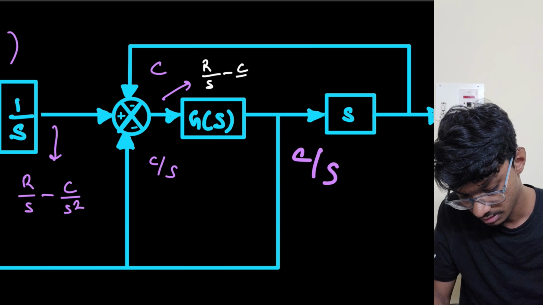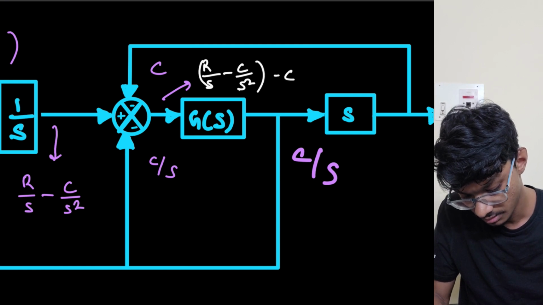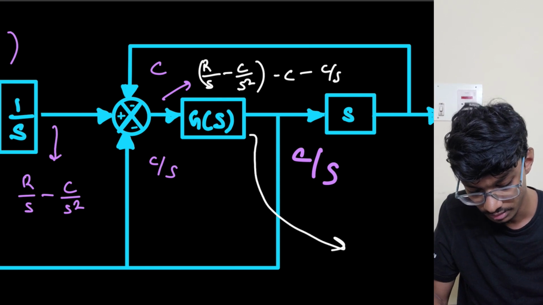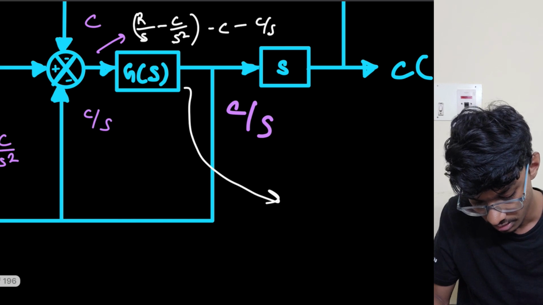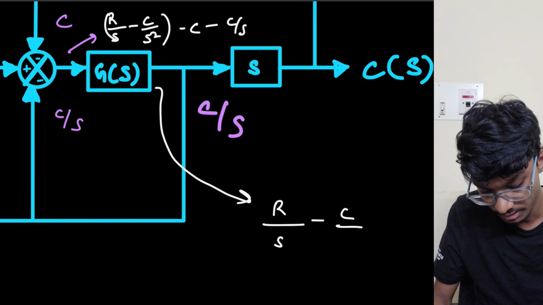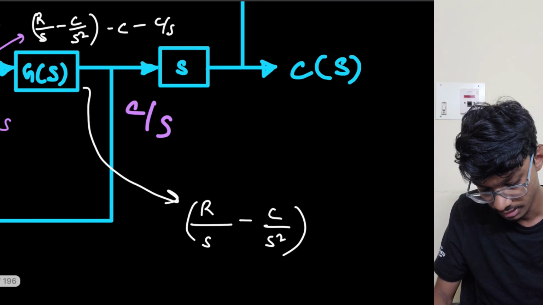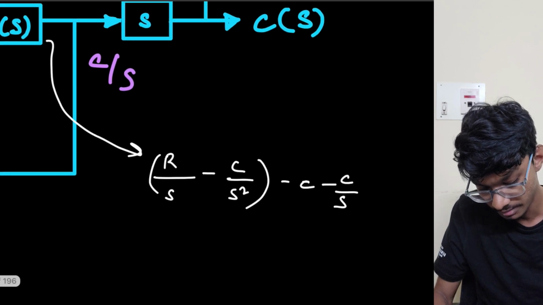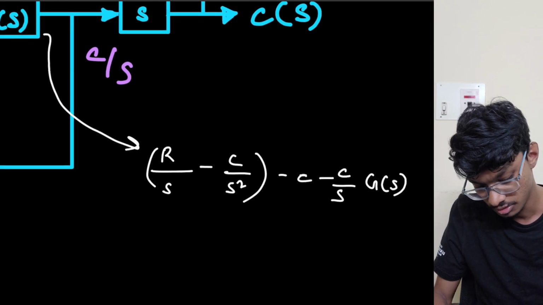R by S minus C by S square minus C by S, and we're multiplying with this gain block, g of s.